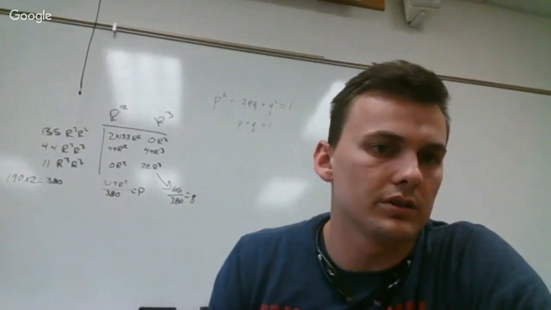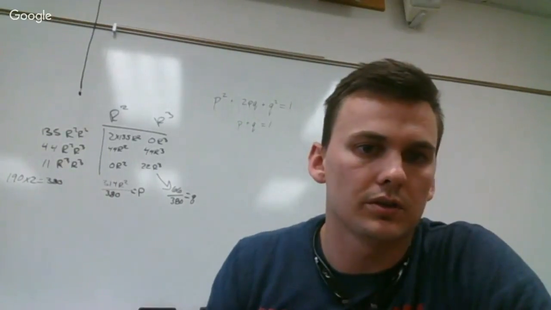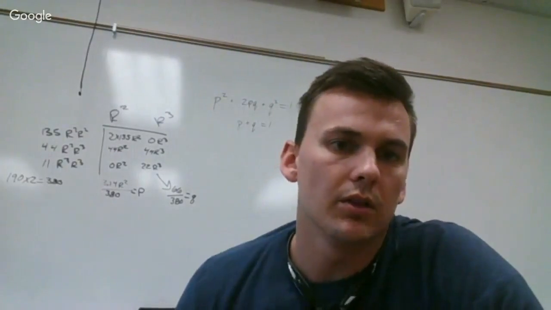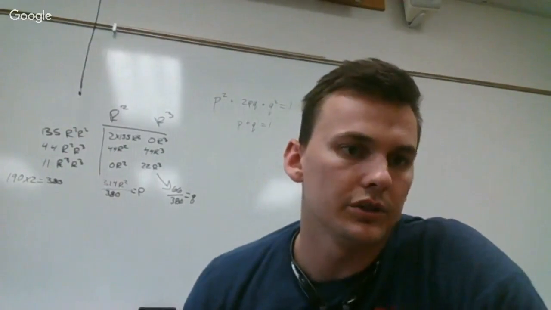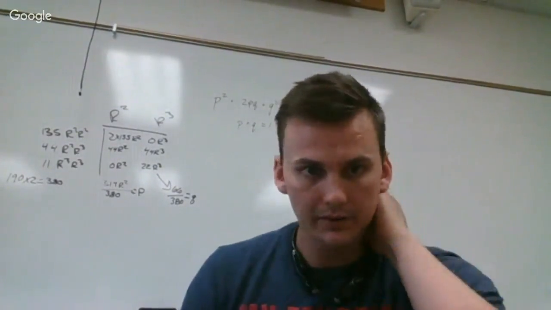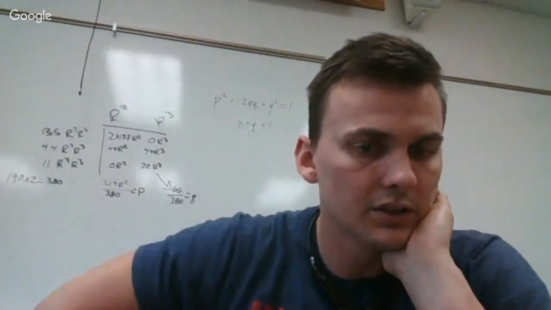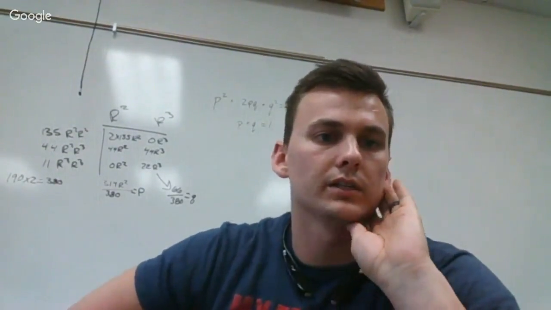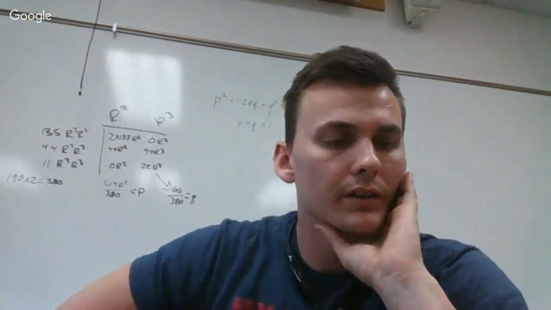And then DiGeorge syndrome is an autosomal dominant disorder that affects 1 in 4,000 individuals in the population. The 1 in 4,000 individuals affected is represented by the P squared and the 2PQ because it's dominant. So both the homozygous dominant and heterozygous individuals will be affected.